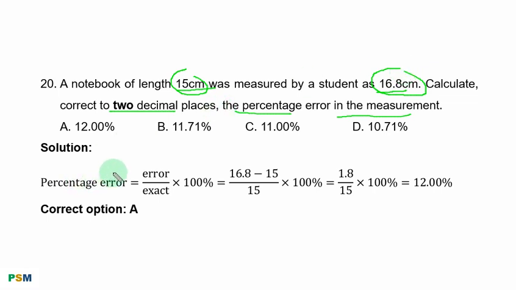Percentage error is equal to error over exact times 100%. The error is the wrong value minus the exact value, over exact, times 100%. You have this result. When you simplify, you have 12.00%. The correct option is A.